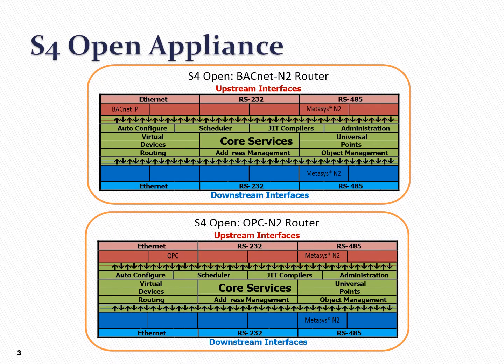An earlier module expanded on the core services. Depending on the features license, different protocol plugins will be activated for your system. The S4 Open BACnet-N2 router is inserted into the N2 bus in between the Metasys supervisor controller and the first N2 field device.